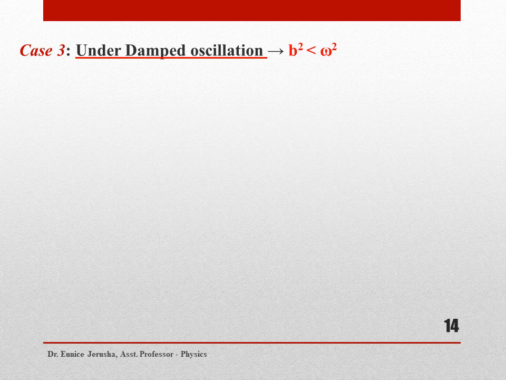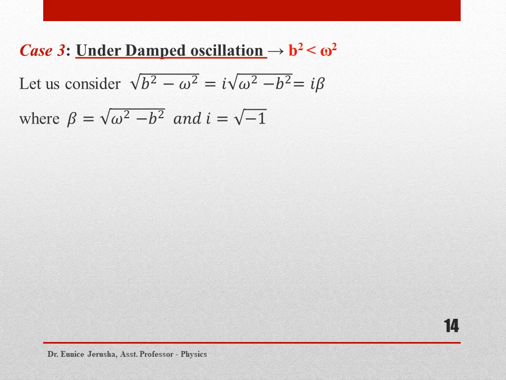When b square is less than omega square, we obtain another oscillation called the underdamped oscillation. When this lesser value of b square is substituted in the square root of b square minus omega square, we obtain an imaginary value i beta, where beta is square root of omega square minus b square.